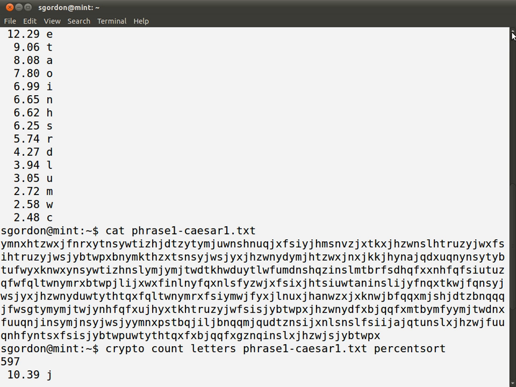J is the letter 10. That suggests that the ciphertext was generated, we knew it was a Caesar cipher, by taking all our letter E's in the plaintext, shifting them by 5 positions and getting the ciphertext letter J.